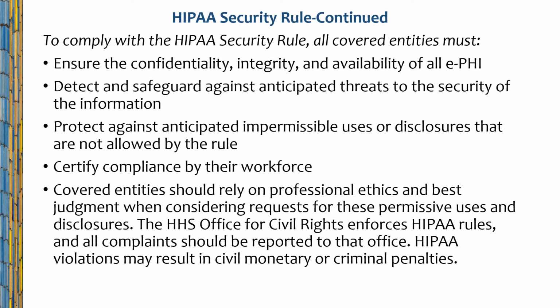Covered entities should rely on professional ethics and best judgment when considering requests for these permissive uses and disclosures. The HHS Office for Civil Rights enforces HIPAA rules, and all complaints should be reported to that office. HIPAA violations may result in civil, monetary, or criminal penalties.